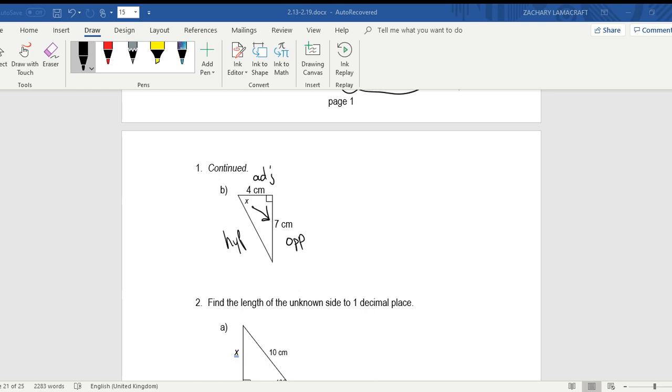Seen a couple right answers in a row. Yeah, exactly. Awesome. So we've got TOA because we have opposite and adjacent. So we're going to have tan x is equal to opposite over adjacent.